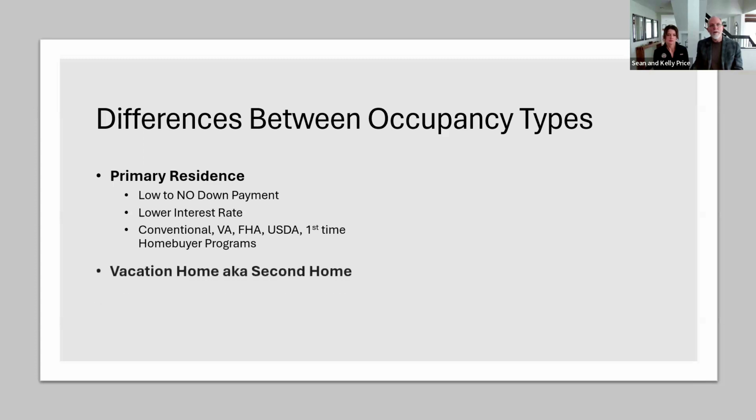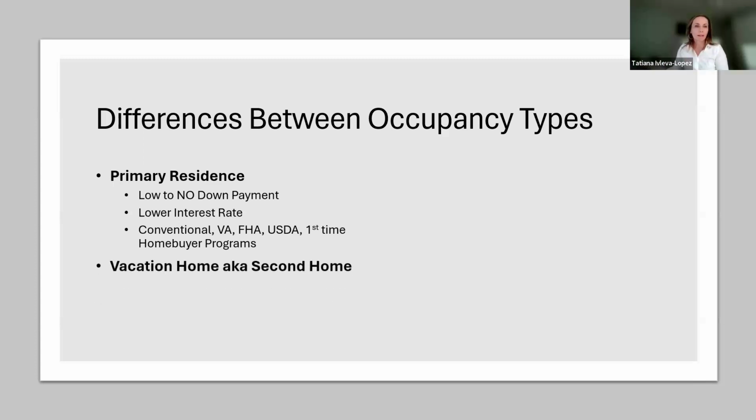Okay. So then we have vacation home, also known as second home. That is when someone is purchasing a home that is a second or third for them. It's a property where they're going to visit periodically throughout the year.